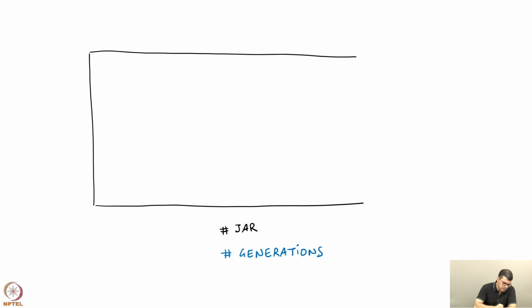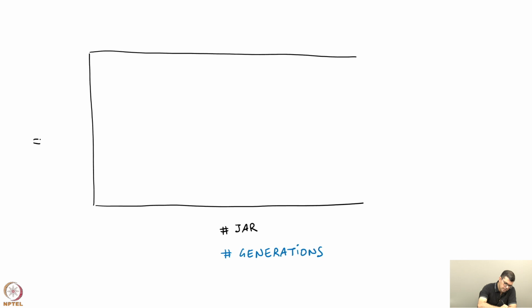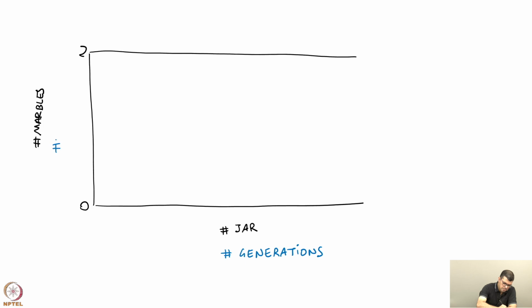On the y-axis, in the game we plotted number of marbles, which varied from 0 to N, but in evolution this is going to be number of individuals. N in this case will be the population size.